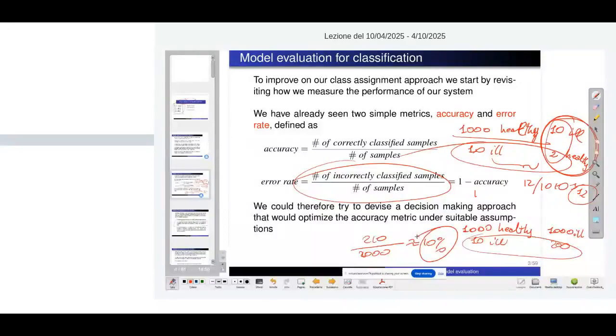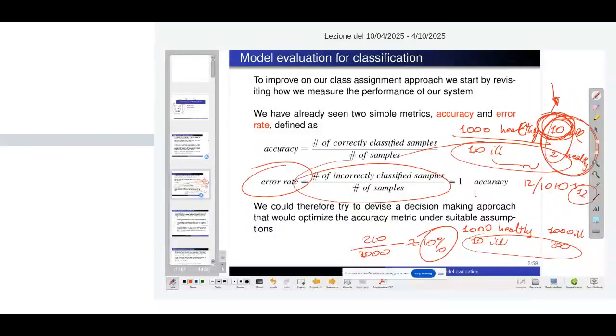And what is the weight that I'm using here? Well, we will see the error rate implicitly employs the empirical prior of the evaluation set. So if I make 20% mistakes for the ill class, in the first case, the ill class will weigh 1 out of 101, because that's the prior for the ill class in my evaluation set.